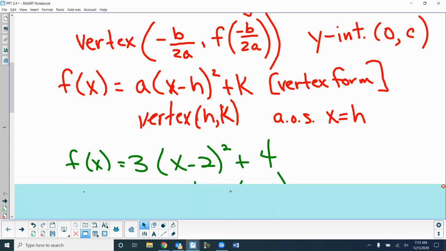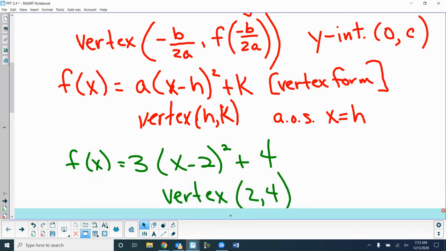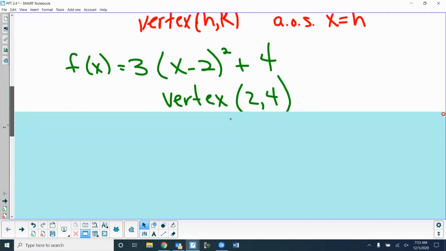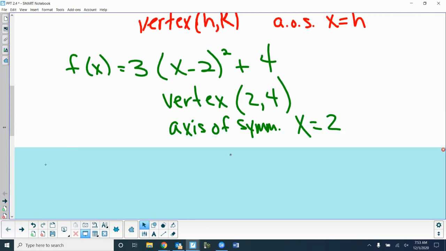That's the x value of the vertex. And then whatever this is, is the y value of the vertex. Okay? So that means my axis of symmetry would be x equals 2. When it's in this form, I can write those two things right away.